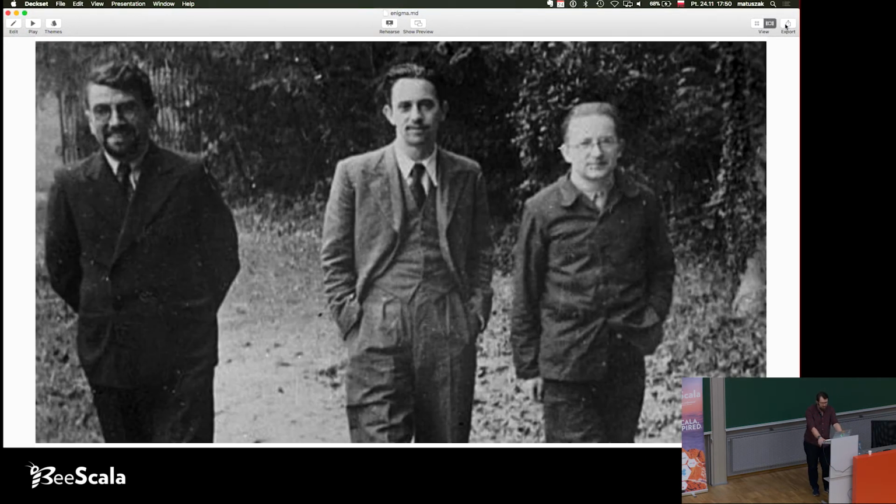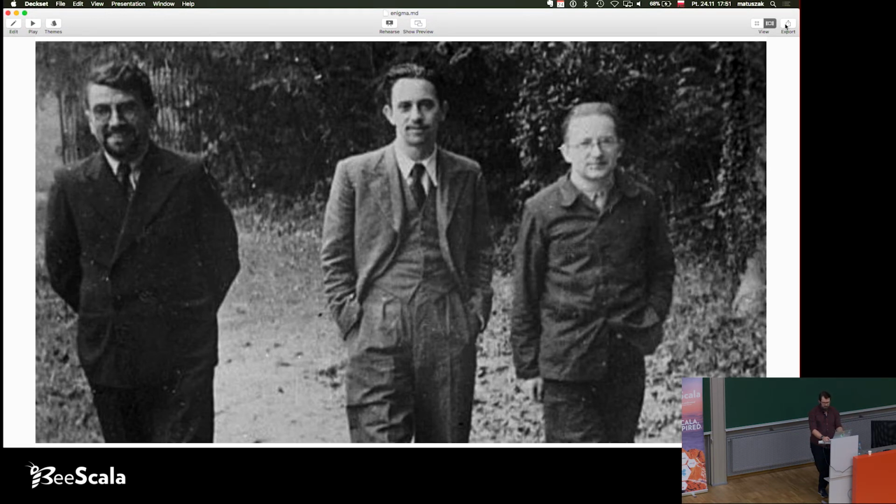The second reason why I'm telling this is because the guys who cracked the machine were Polish mathematicians. So this is one thing which I wanted to go around the world and say. Another thing is that everyone who knows the Enigma machine, or at least knows a little bit about the machine, thinks that it was cracked by Alan Turing and his fellows from Bletchley Park.